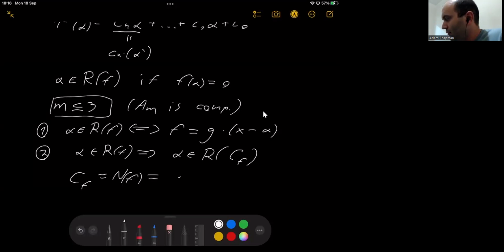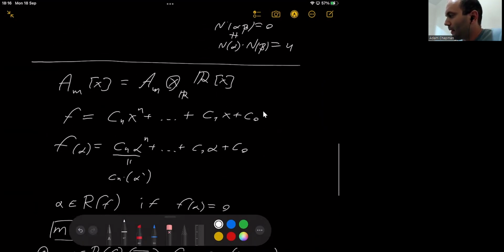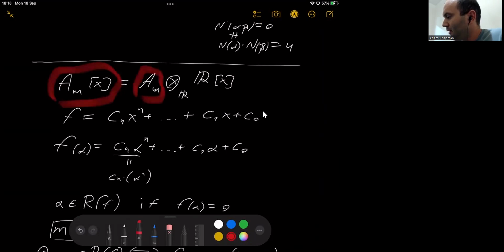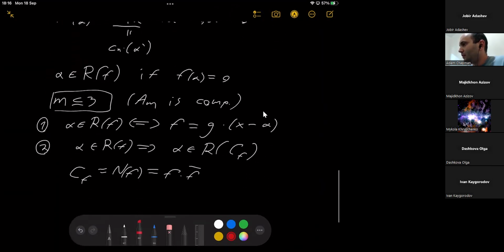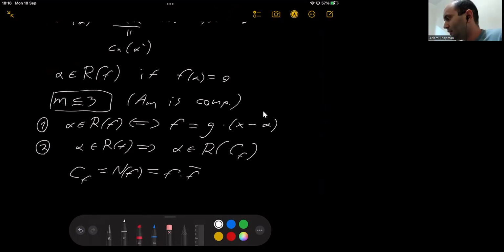So it's what you get if you multiply f by f bar. This algebra inherits the involution coming from here. It just acts trivially on x. Then if you take f and multiply it by f bar, you have the norm of f, which is what we call the companion polynomial, and it has real coefficients, and its degree is twice as large as the degree of the original polynomial.